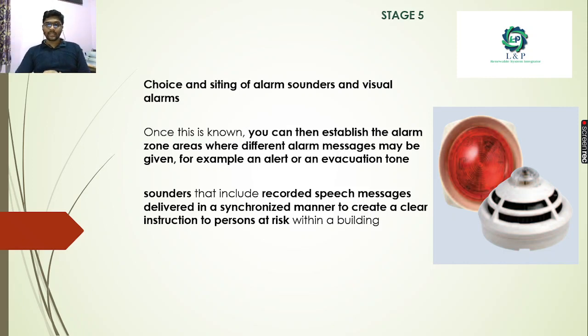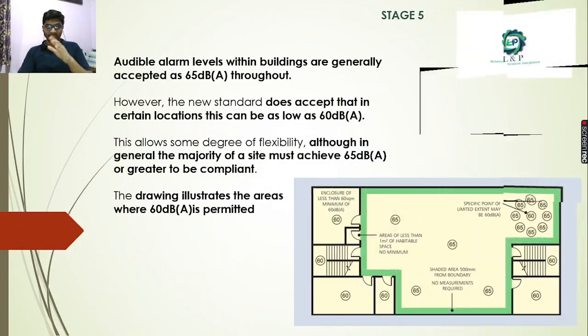There are many sounders on the market which will detect the alarm and create an evacuation also, because they already have pre-recorded speech messages. They can provide them in a synchronized way.